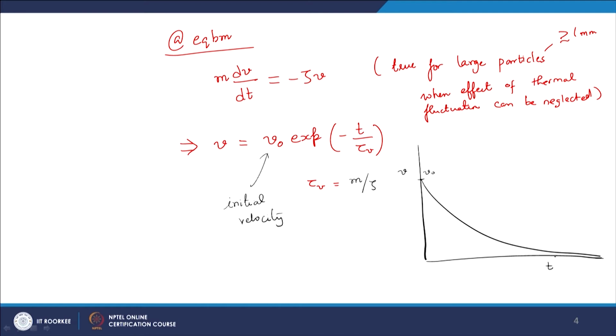Okay. So, for a large particle this is indeed the case, the system will cease to move and then there is no motion. But if the particles are now smaller, in the micron range, then something else should be present in this equation to make the motion happen, the motion that we attribute to the collisions it is experiencing from solvent molecules. We must have a term in the equation of motion that should give rise to that fluctuating motion that is occurring because of the collisions from solvent molecules.